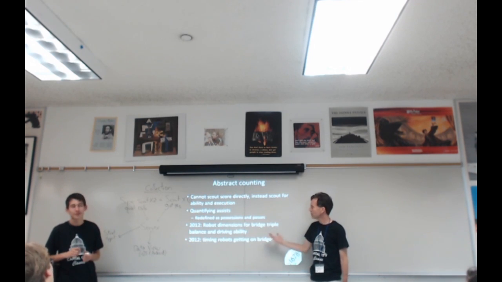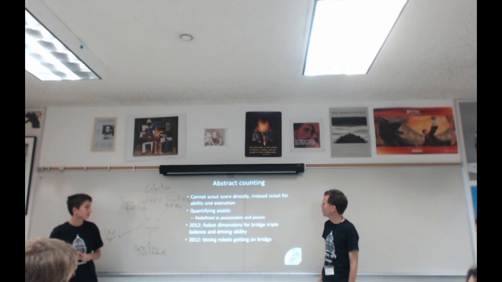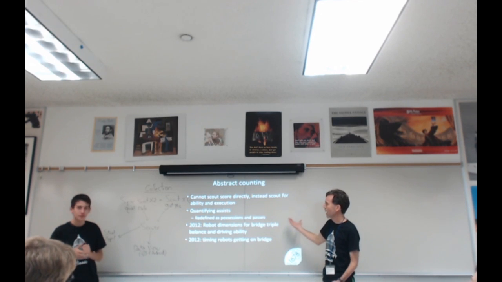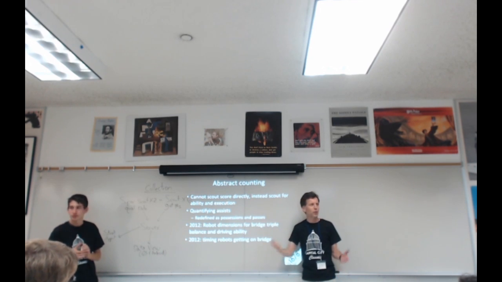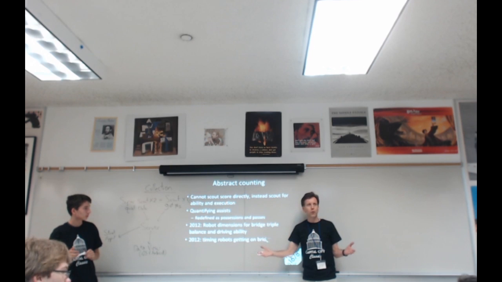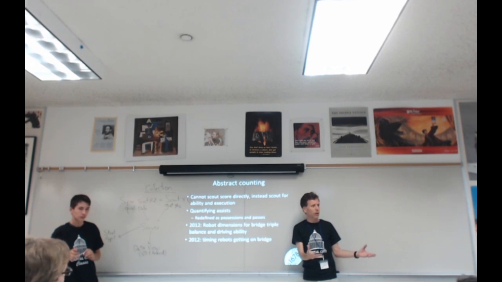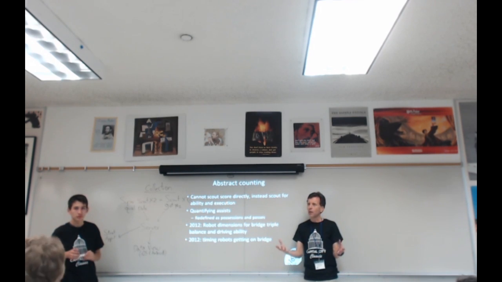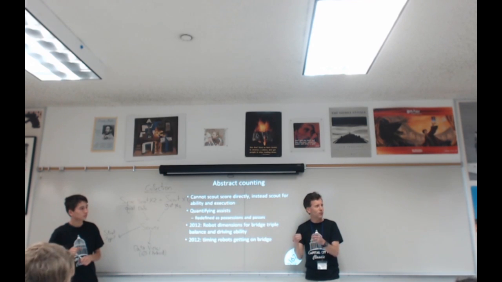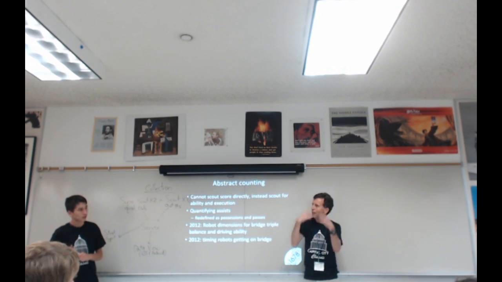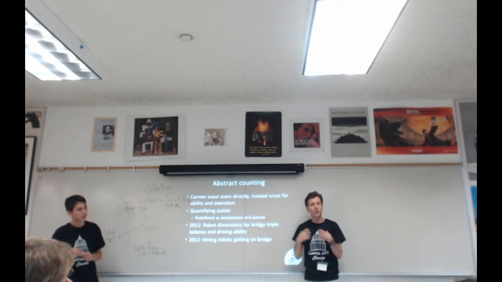Right. So then there's other things you have to worry about, abstract counting. For example, in 2014 there were assist points that you couldn't count as they occurred on the field. You had to figure out a way of saying what leads to assist points, and that was possessions and passing.